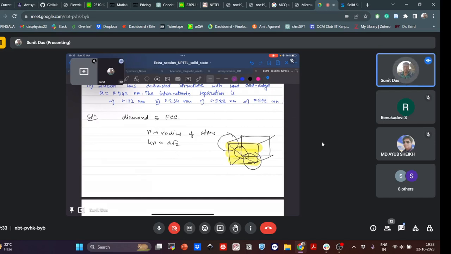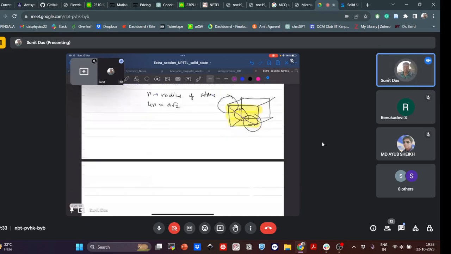In the face, if I only see this front face, then it will look like a square where there is some circular atom. Okay, so again some circular atom. All atoms actually have the same radius, but it is not evident from my drawing.